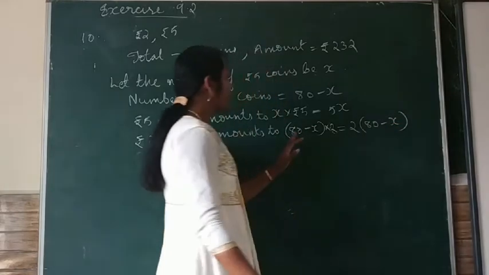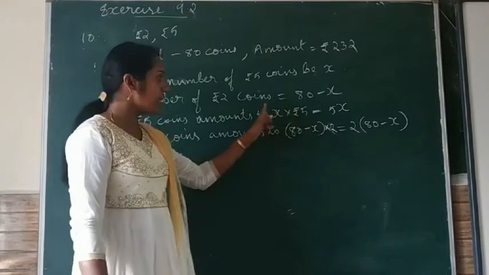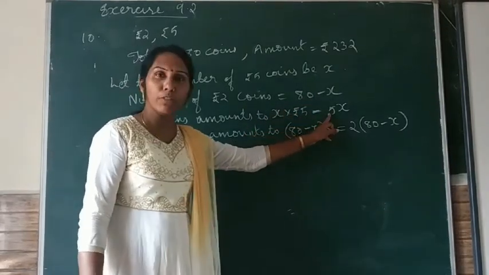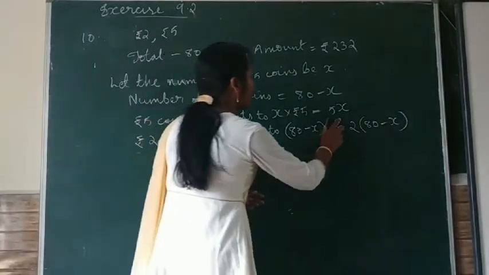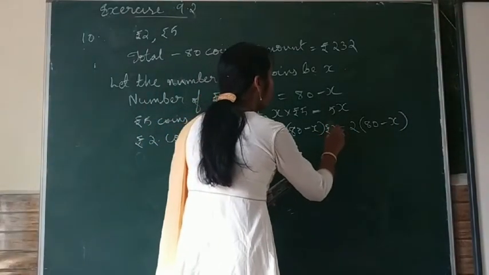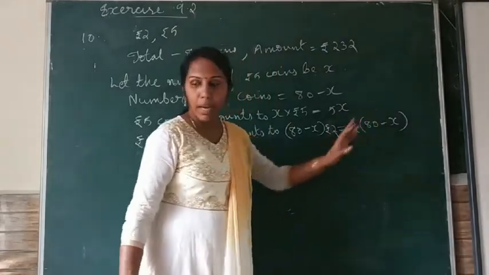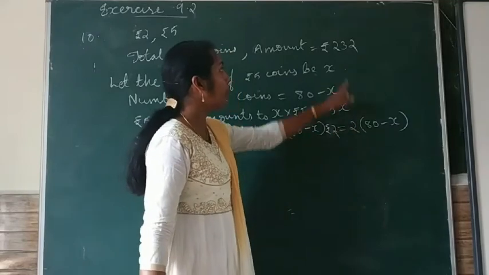So here the number of rupees 5 coins is x, therefore the amount by rupees 5 coins is 5x, and the number of rupees 2 coins is 80 minus x, therefore the amount by rupees 2 coins is 2 into 80 minus x. Now the sum total of both of these amounts is rupees 232.